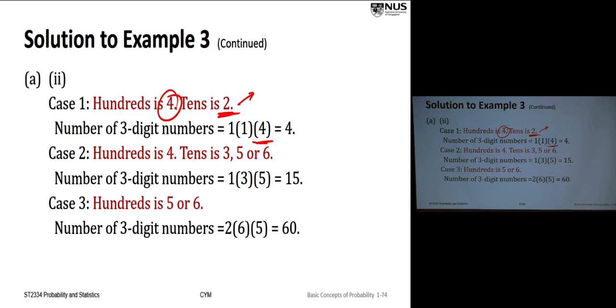But if you fill up the tens place with something else, then the number of digits left that you can fill up, including the 2, is different. So the number of choices are different. That's why we have to consider separately.